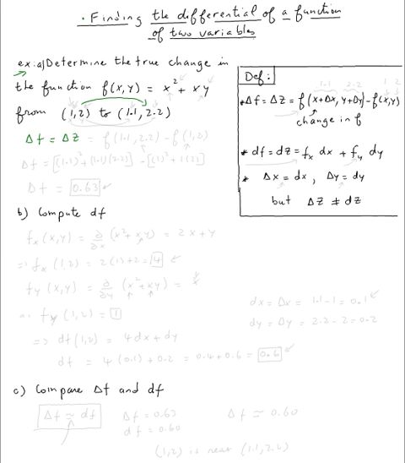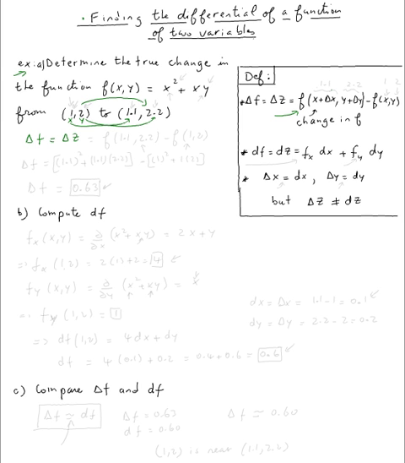Now, how do we do that? By definition, it's always going to be f. Think of this as my x, and this as my y. The x increases by 0.1, and the y value increases by 0.2.